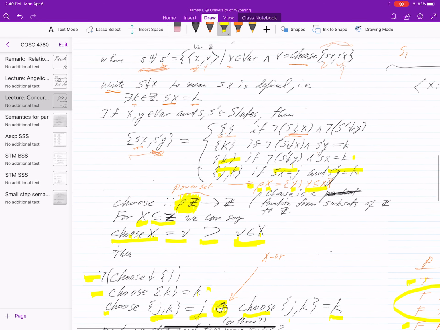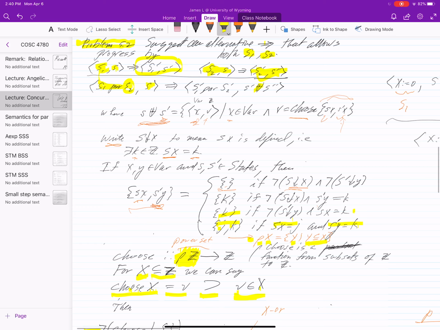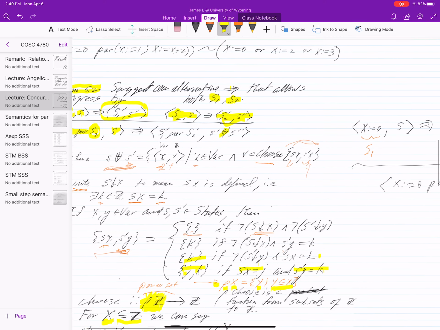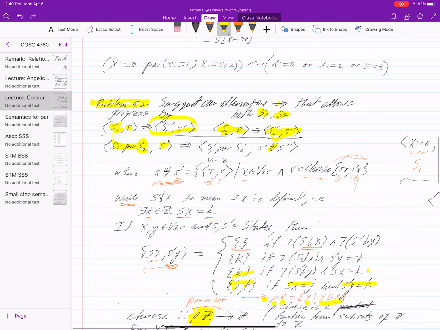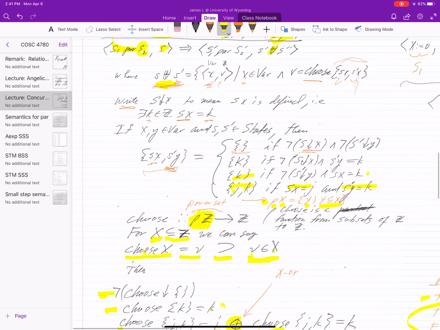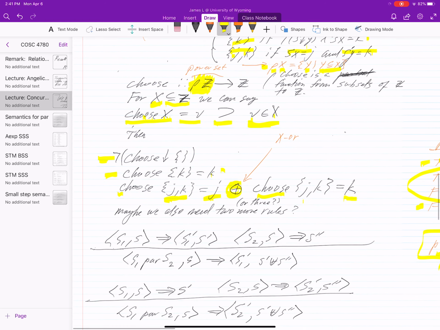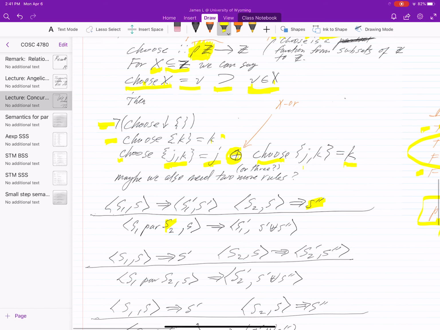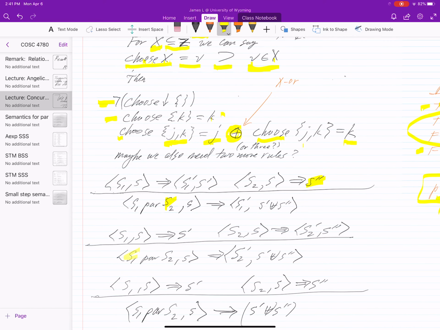Now, this is a lot of elaborate setup to make this operator on functions. I'm making this union operator on functions. The first thing I think of is that I need more rules, because suppose that S2 evaluates to a single thing, or suppose that S1 evaluates to a single thing.